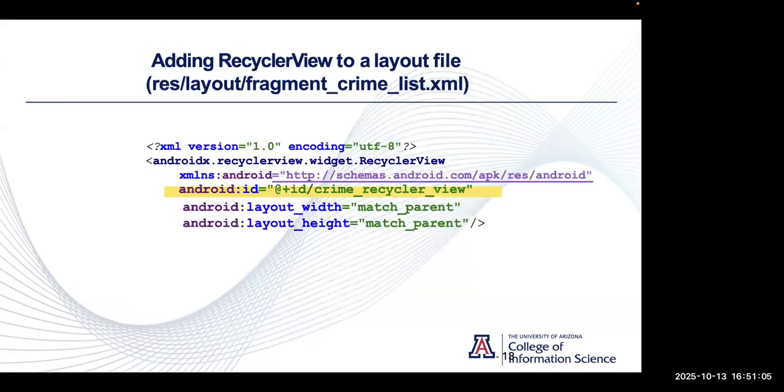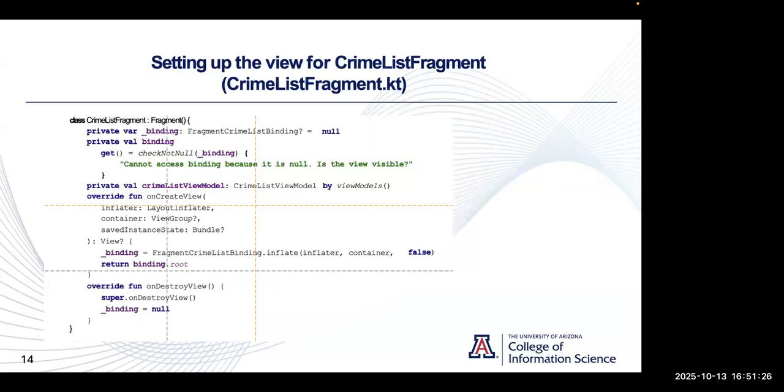But yeah, if you did it like I showed you last week, you shouldn't have to do this part right here. It'll do it on its own. But from here, what goes inside of the fragment glucose list is that you're going to be naming it the ID. In this case, it would be for us glucose recycler view. Okay, so giving it that ID.